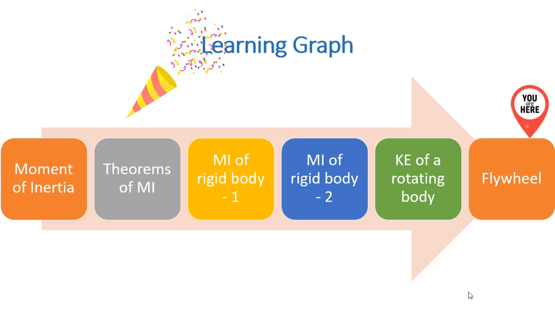In this entire lesson, we have learned about moment of inertia, theorems of moment of inertia, and the moment of inertia of different rigid bodies such as a sphere, a cylinder, a disc, an annular disc, a ring, etc. We have learned about the kinetic energy of a rotating body and also the kinetic energy of rolling bodies. And by the end, we have learned about an application of moment of inertia, and that is the flywheel.